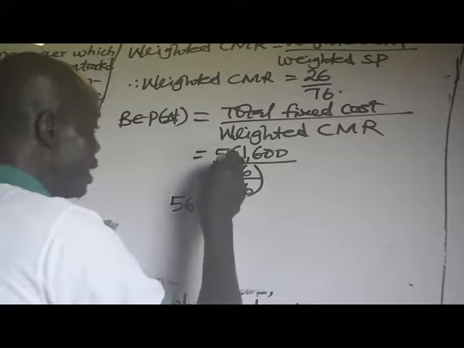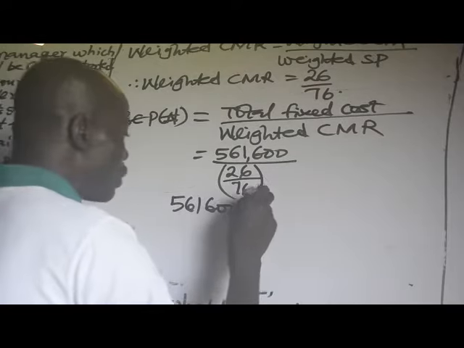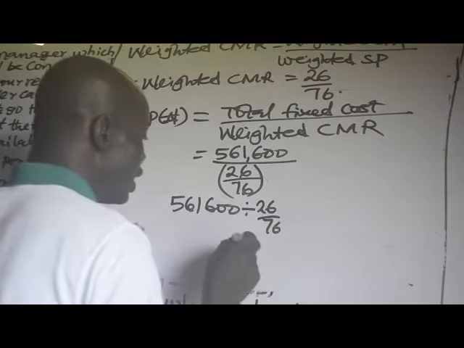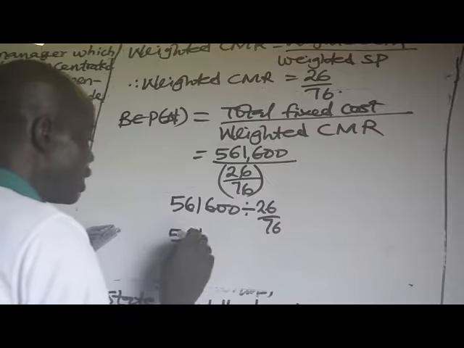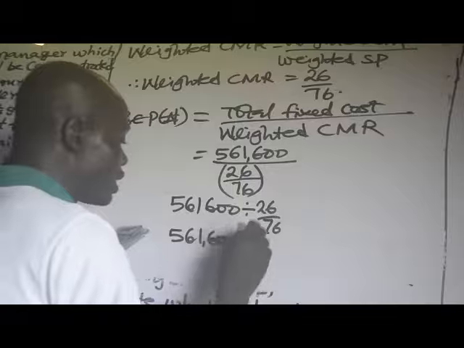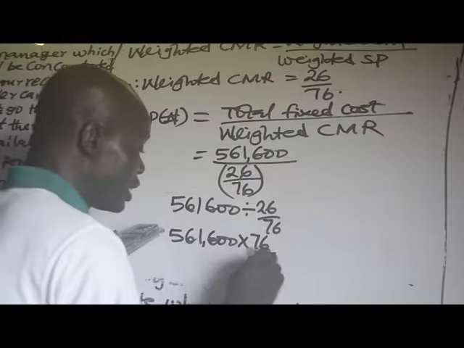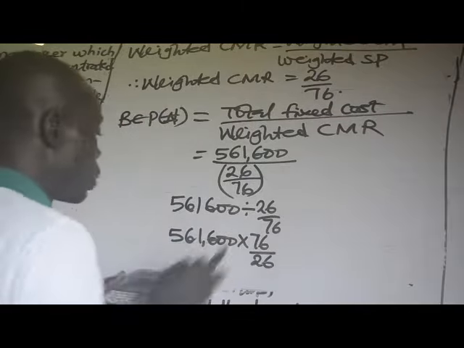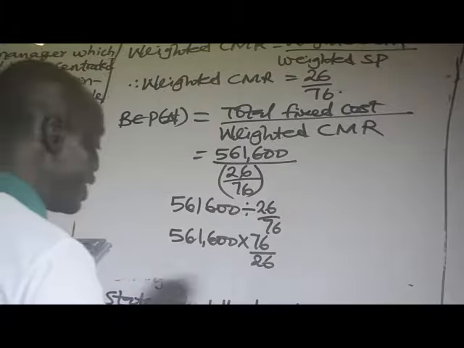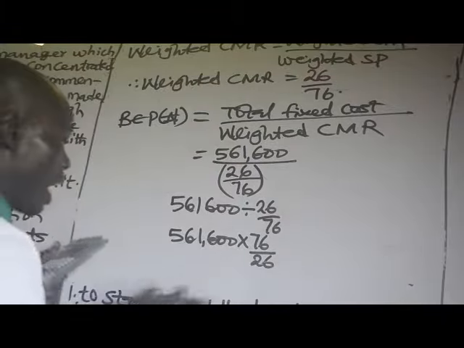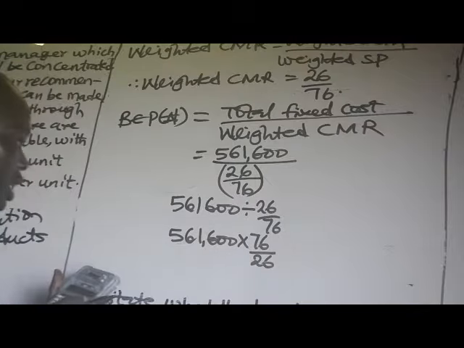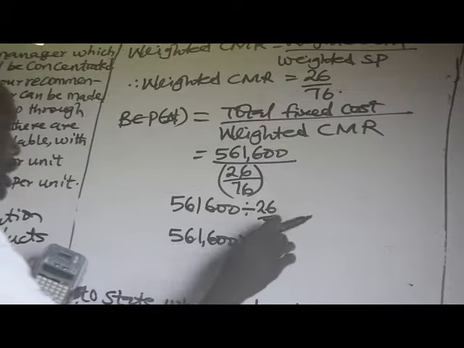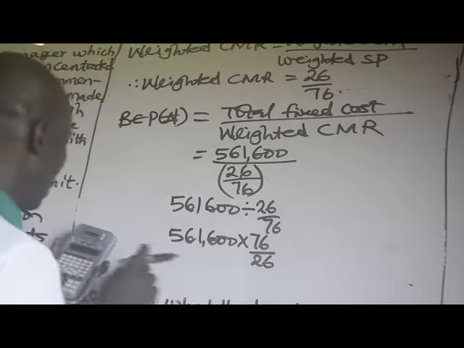We have 561,600 divided by 26 over 76. Division will change to multiplication. We have 561,600 times 76 over 26. When division changes to multiplication, that means you are going to find the reciprocal of the fraction, and the reciprocal of 26 over 76 is 76 over 26.